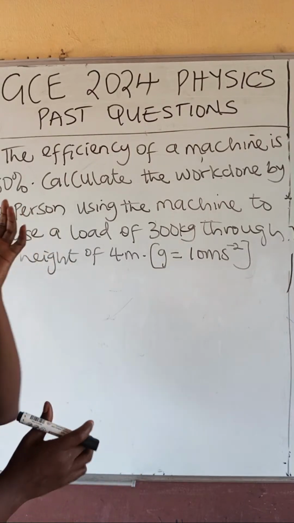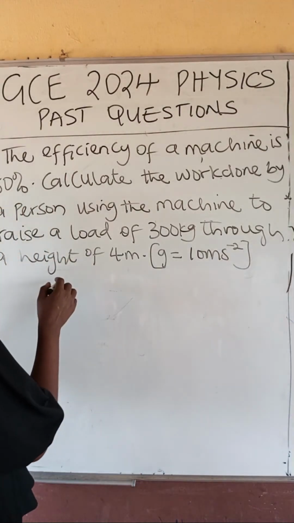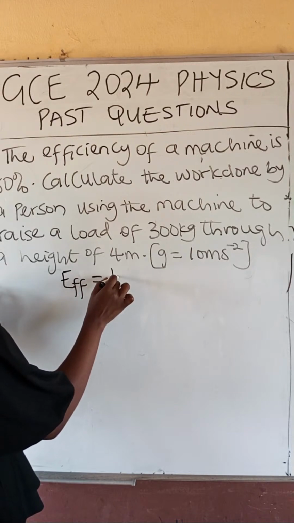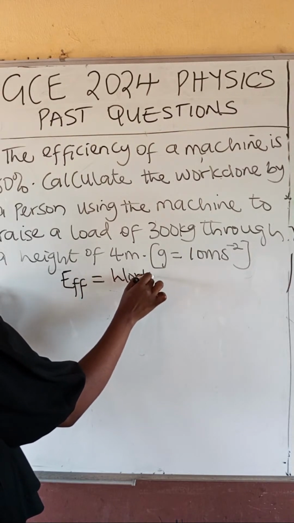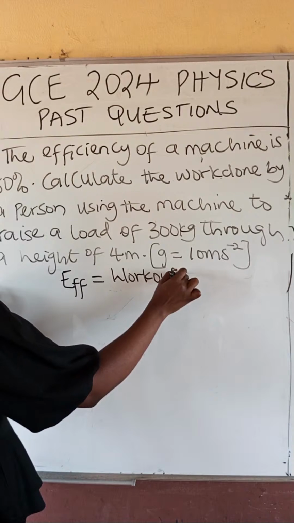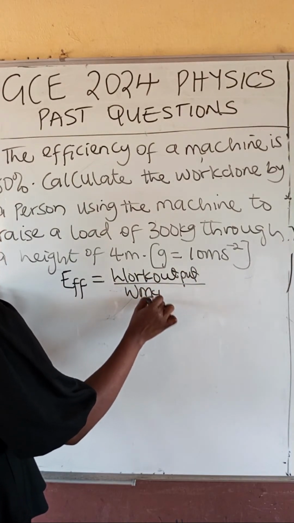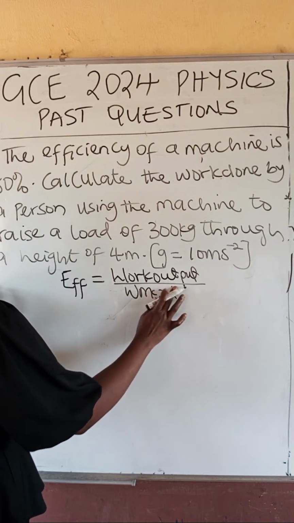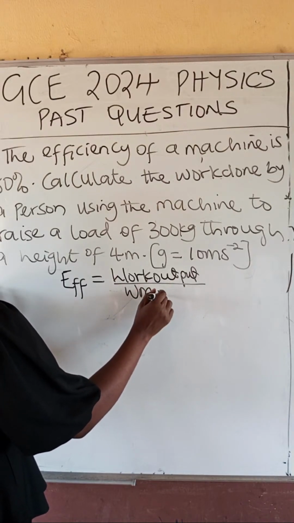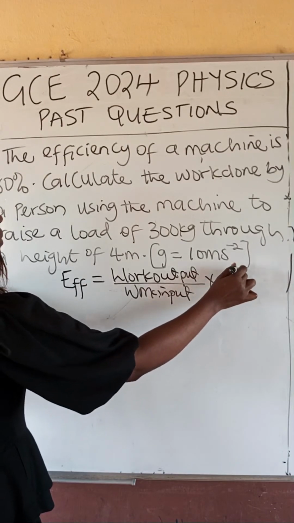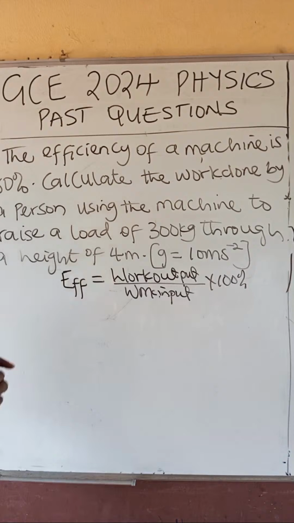So we can say that the efficiency is equal to work output over work input, then multiply by 100%. Okay.